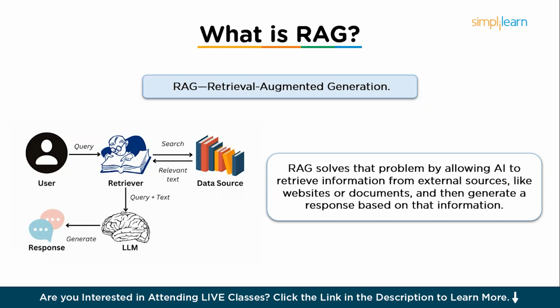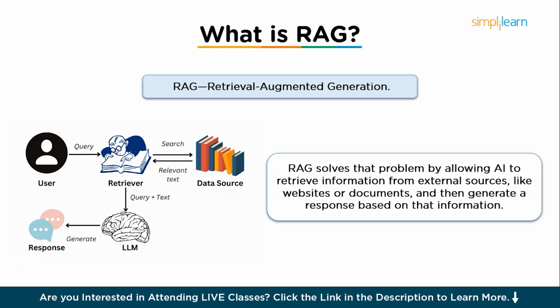RAG solves that problem by allowing the AI to retrieve information from external sources like websites and documents, and then generate a response based on that information. It's just like giving your assistant a superpower where it can look up answers on its own, rather than just relying on what it already knows. And the best part is, it helps your AI become an expert in specific fields that it wasn't familiar with before.